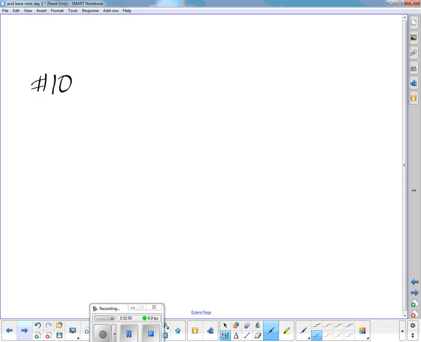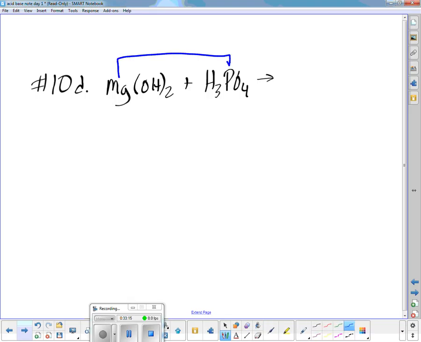D. Magnesium hydroxide plus phosphoric acid, H3PO4. Okay, and this one is a strong one, right? 2 strongs. Okay, so outsides, OI. Magnesium's going to go with phosphate as a group. And insides, hydrogen's going to go with hydroxide, right?